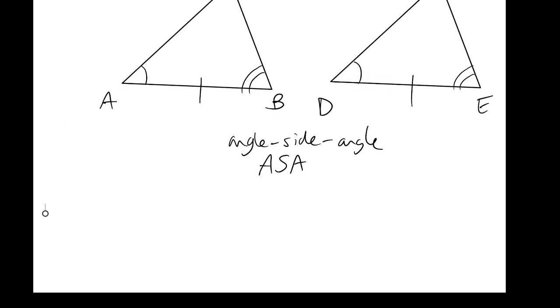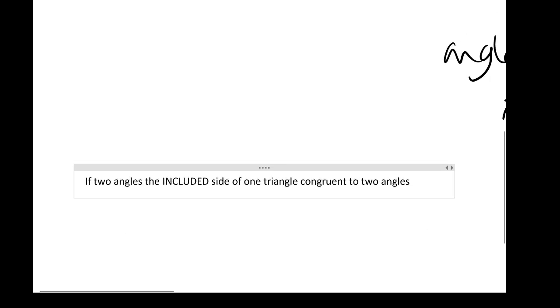The way our postulate goes is that if we have two angles and the included side of one triangle congruent to two angles and the included side of another triangle, then the triangles are congruent.